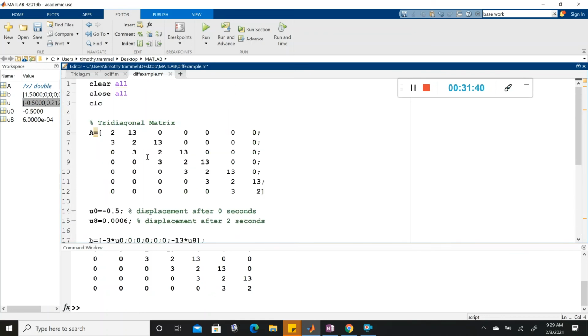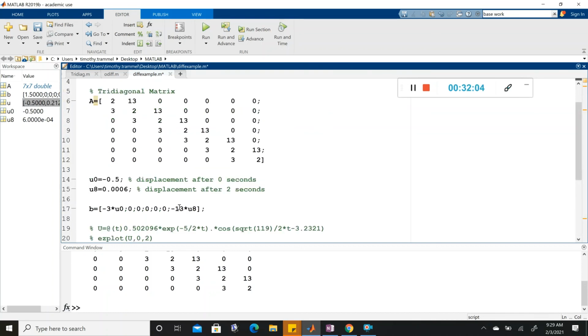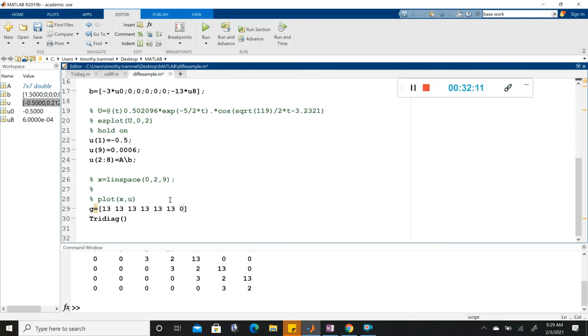G equals, and we should have 1, 2, 3, 4, 5, 6 13s, and then a 0. So 7 entries in G. Again, 1, 2, 3, 4, 5, 6, and then the 0.